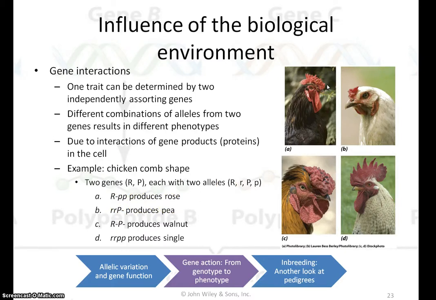Homozygous recessive R with a dominant P gives you the pea phenotype shown here. Two dominant alleles, one for R and one for P, gives you the walnut shape, and homozygous recessive for both produces a single comb shape.